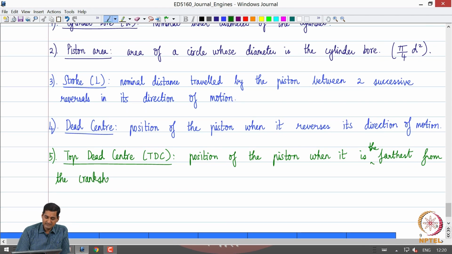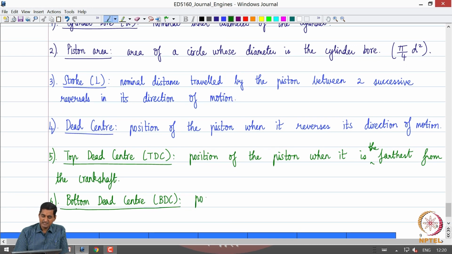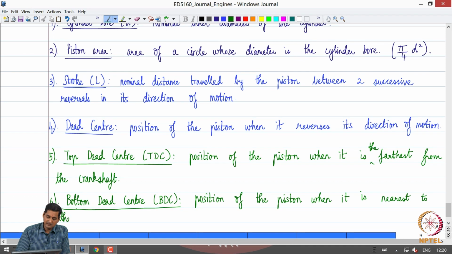That is what is called the top dead center. The bottom dead center, or BDC, is the position of the piston when it is nearest to the crankshaft.